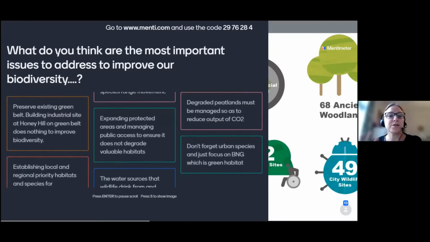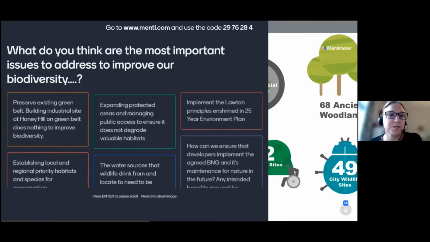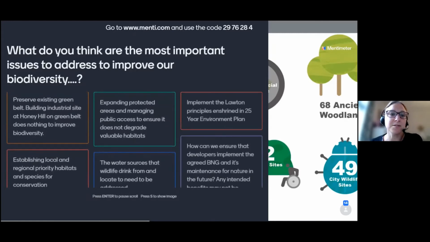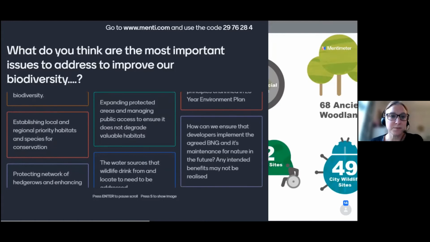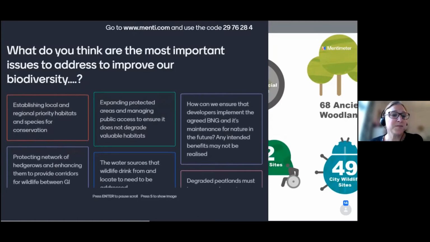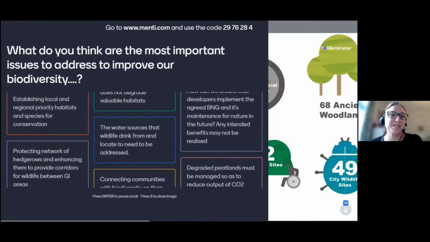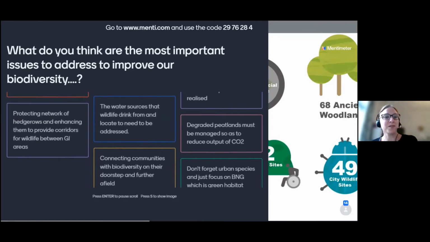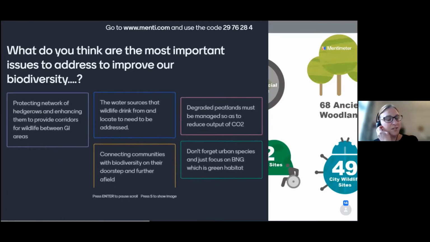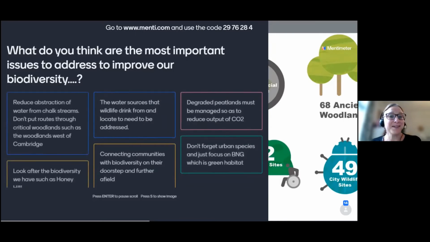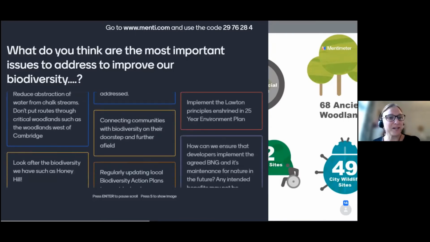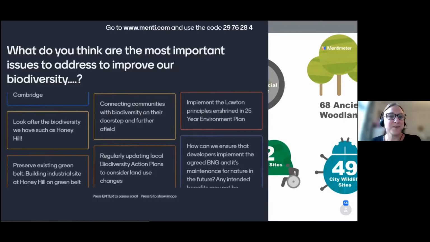Worth saying, our broad areas of search did look for areas of multiple benefits, where you've got multiple ecosystem services. Sometimes you do just need to focus on the one priority, and sometimes that is biodiversity and keeping people away, but then providing them with something else.